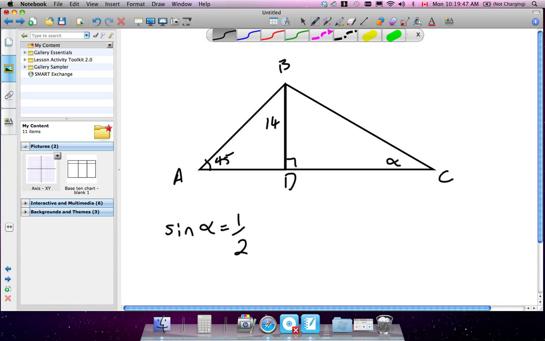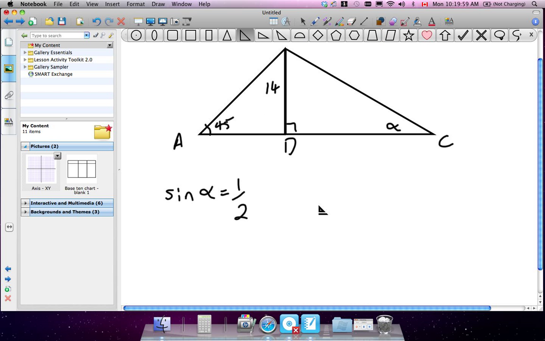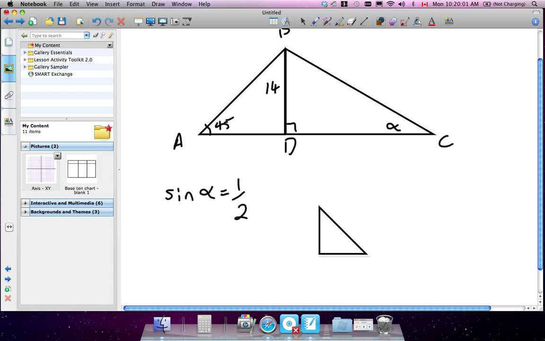They've told you that this length is 14, but if we were to use our special triangles, we could technically draw a smaller triangle where this distance isn't 14, because we know sine is opposite over hypotenuse. So this triangle here is just a smaller scale of the bigger one. We know that our opposite side is 1, and our hypotenuse is 2.